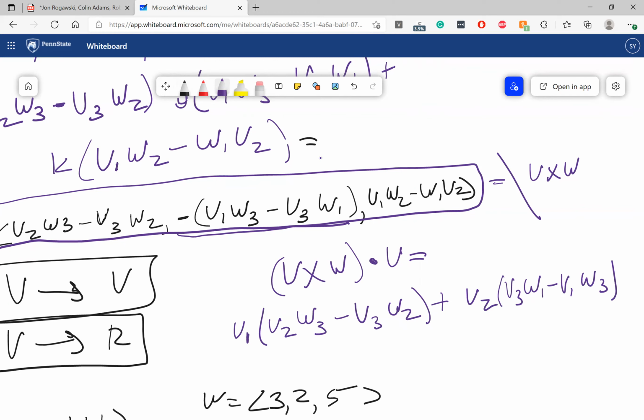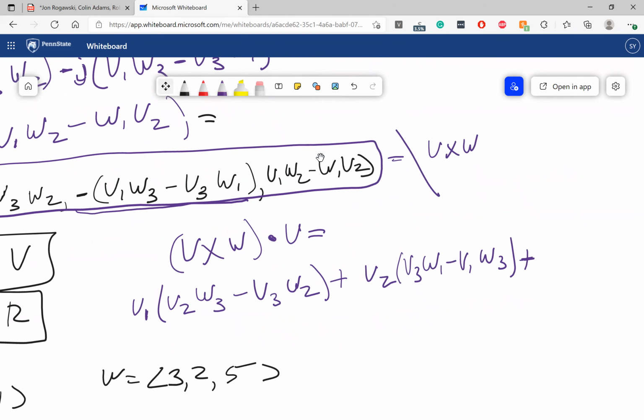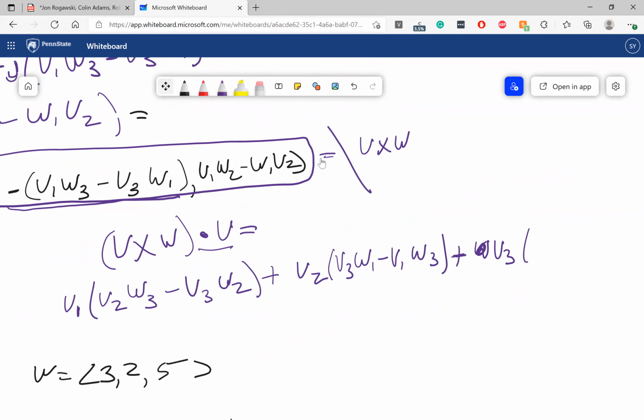Yeah? And then plus, and then for the third component, we multiply the whole component by V3, right? That's what it just means to take the dot product. So plus V3 times V1 W2 minus W1 V2.